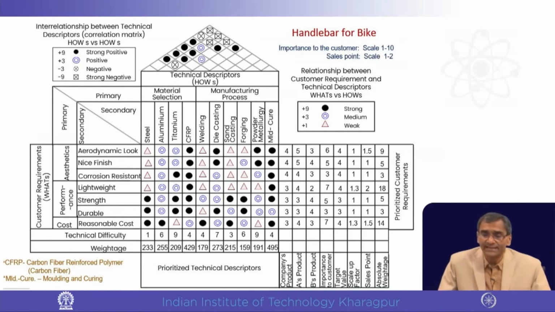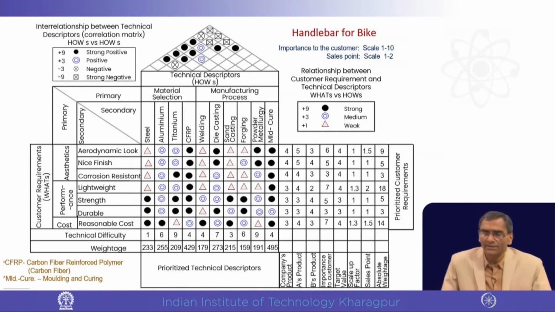So, let us take this example: say for aerodynamic look, the importance to customer is 6, the scale up factor is 1 and the sales point is 1.5. So, 6 into 1 into 1.5 is 9. So, you see on the first row in the absolute weightage it is 9.